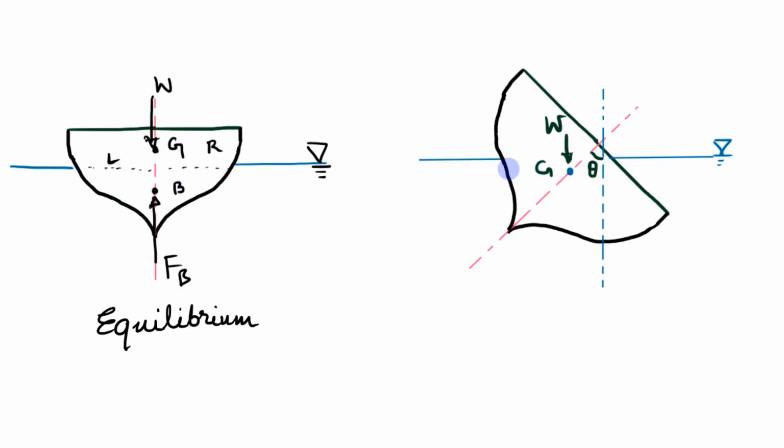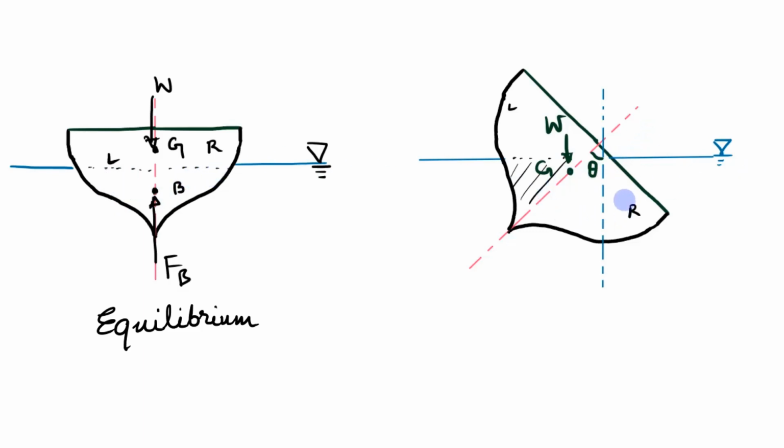But here, the immersed volume on the right side is higher compared to the left side. The left side will only have this hashed part, and on the right side the immersed volume will increase.